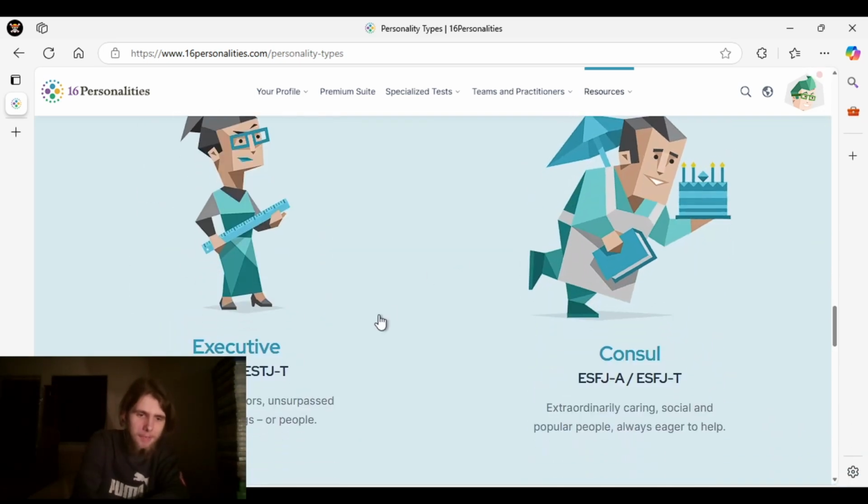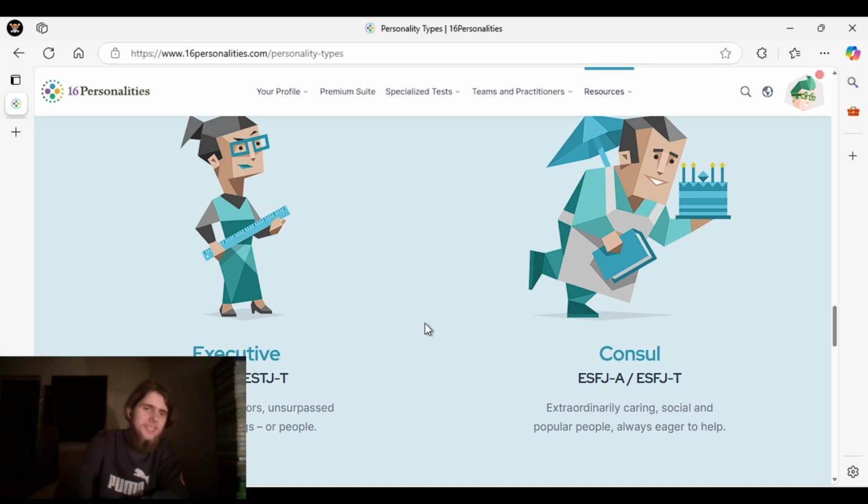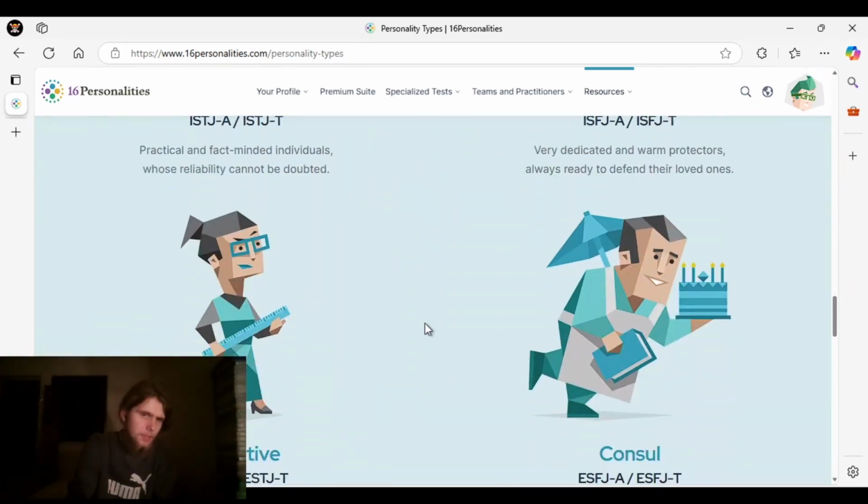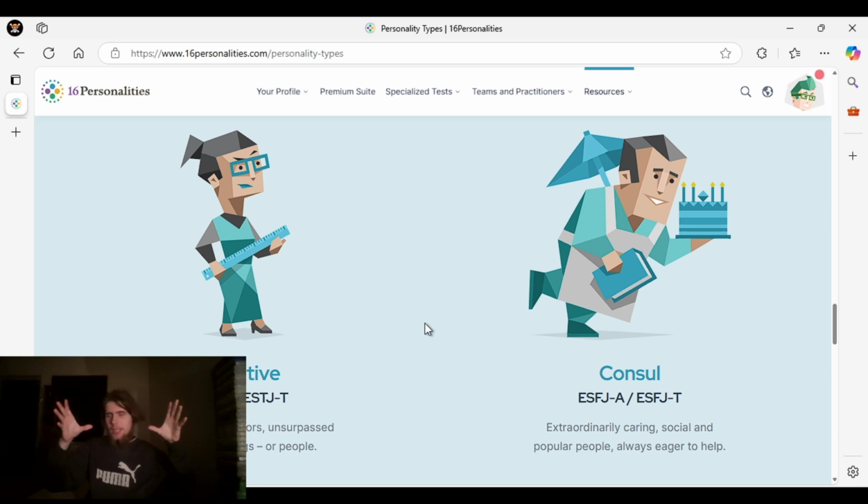Then we have the executive, excellent administrators, unsurpassed at managing things or people. This is the type where you're kind of like the INTJ, but differently.